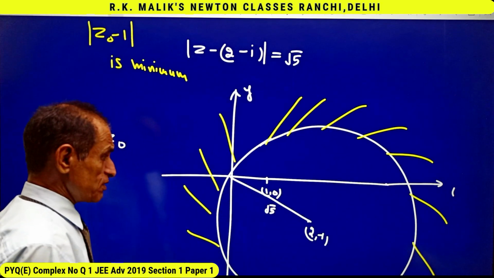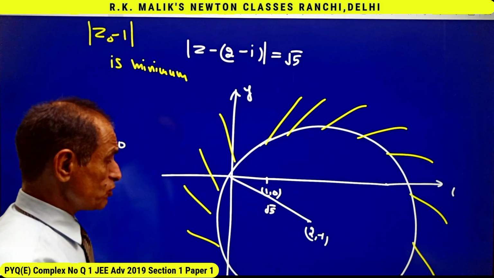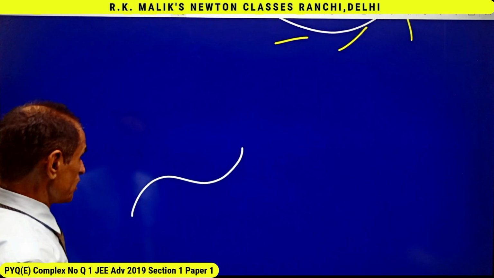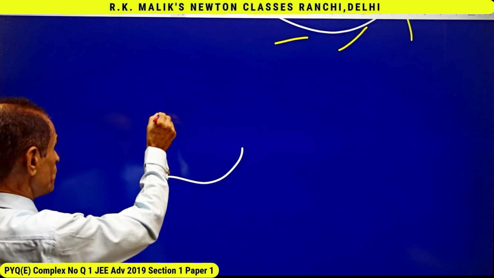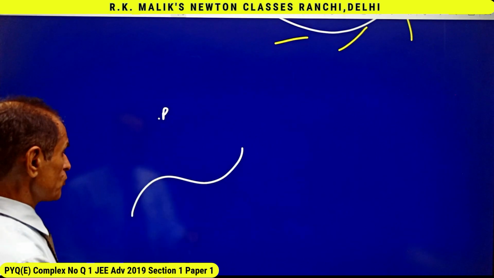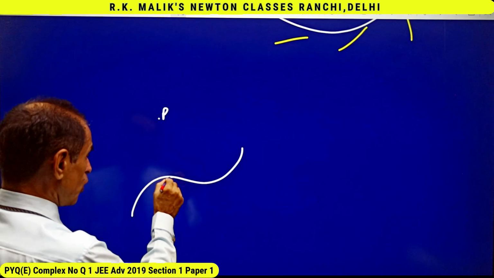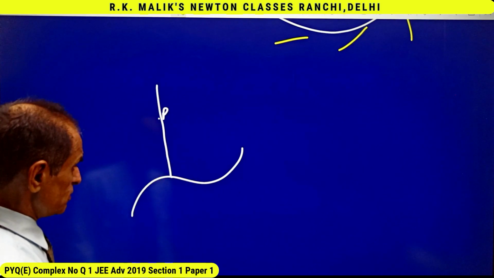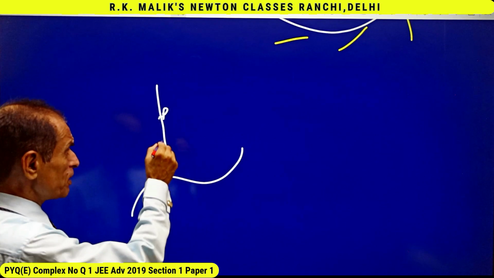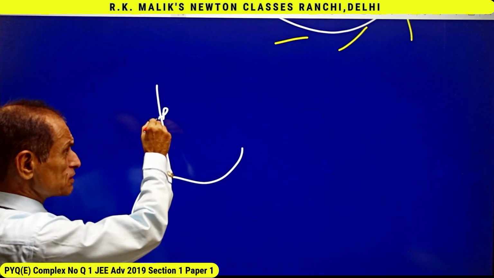Out of all these complex numbers, to find the complex number which is at minimum distance from the point 1 0, to find that point, remember the concept that suppose some curve is given and some point P is given, and we have to find a point on the curve which is nearest to the point P. Remember that find the point on this curve whose normal passes through the point P. The point whose normal passes through the point P is sure that that point will be either at minimum distance from the point P or at maximum distance from the point P.